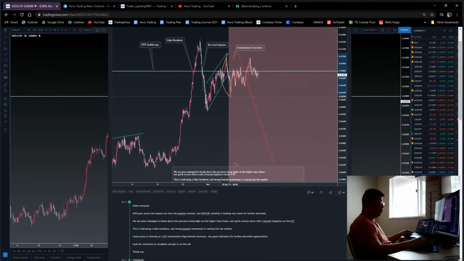We can still push down at least to this low, and this is always my potential target, because we know that there is a potential that we can get a bigger structure like this and continue upside. That's why we first want to see what the price will do if it reaches this bottom. Will we get continuation bullish price action like this, or is it going to break below and get into a next bearish run?